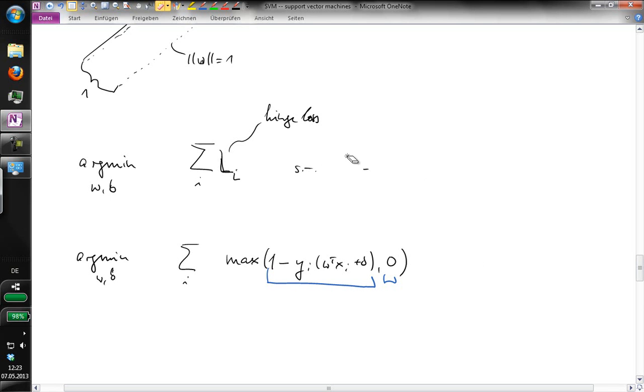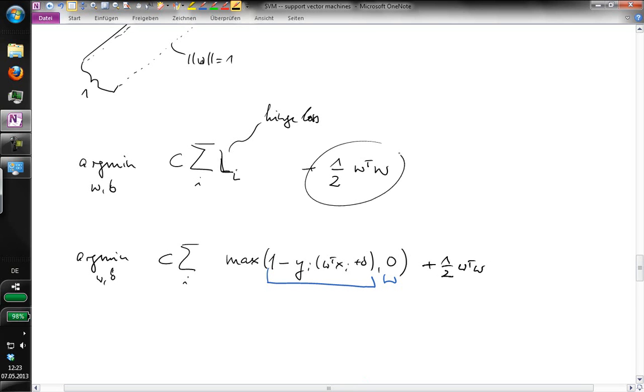So instead, the support vector machine does something else. It simply encourages the norm of the normal vector to be short. This is a convex term, it's a quadratic term, and I now need to weigh them somehow with respect to each other. So I'm introducing some constant C here that the user has to choose.